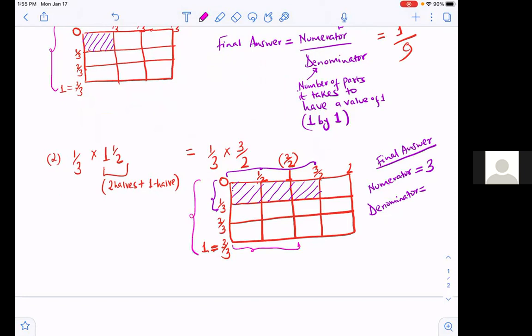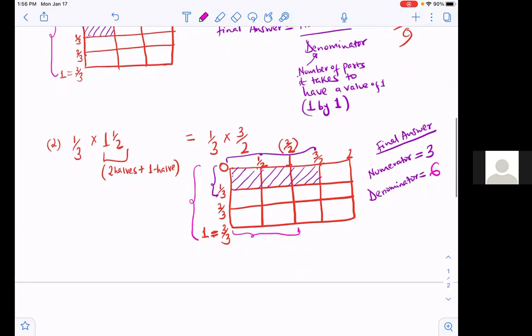So how many parts take up the 1 by 1 area? If you count them, you count the shaded and unshaded, because you are interested in the number of parts that it takes to have a value of 1 by 1 unit. So there are 6 in this case.